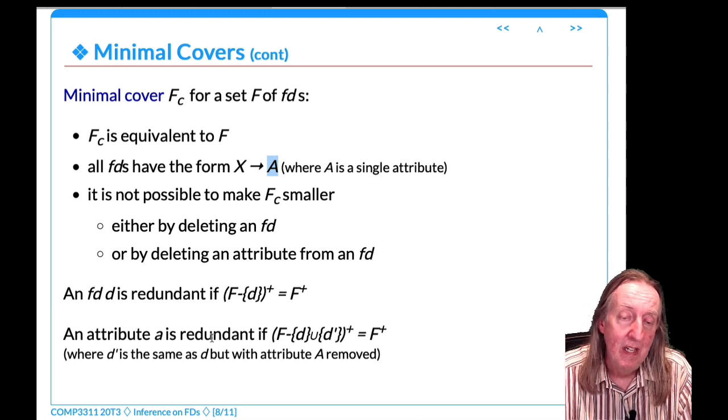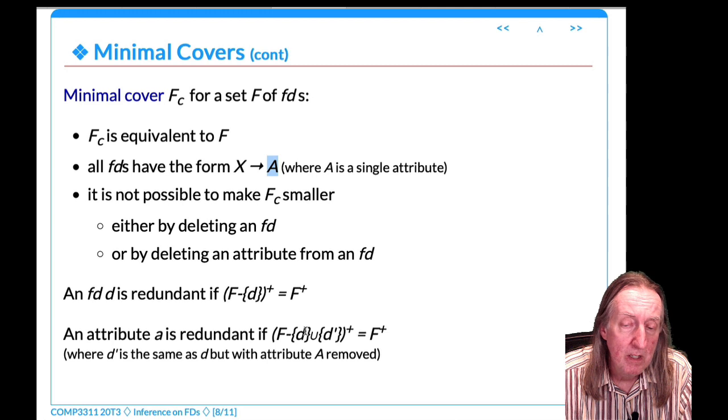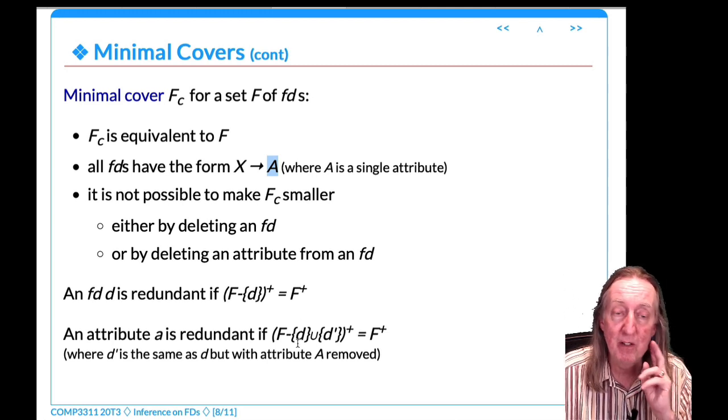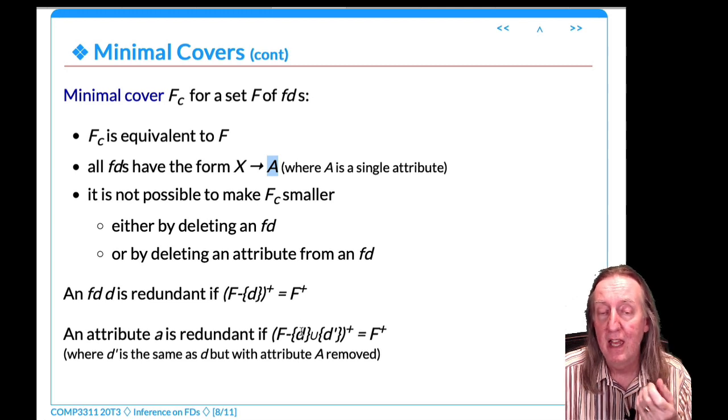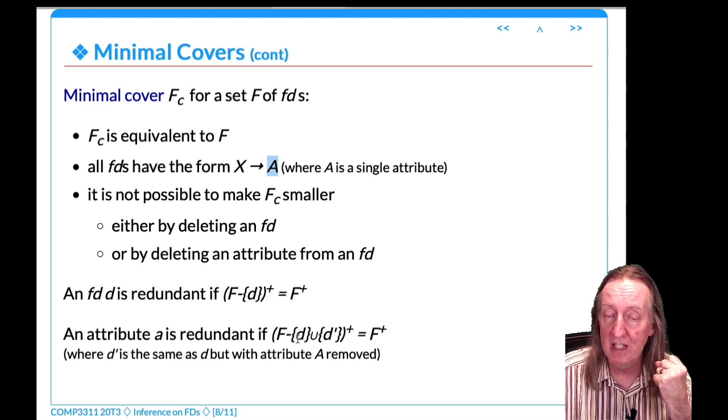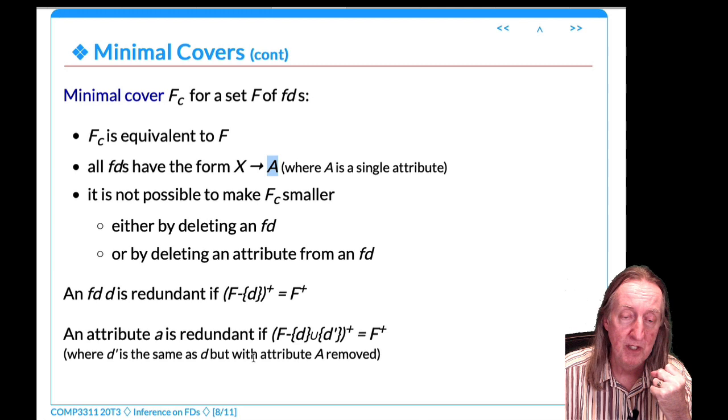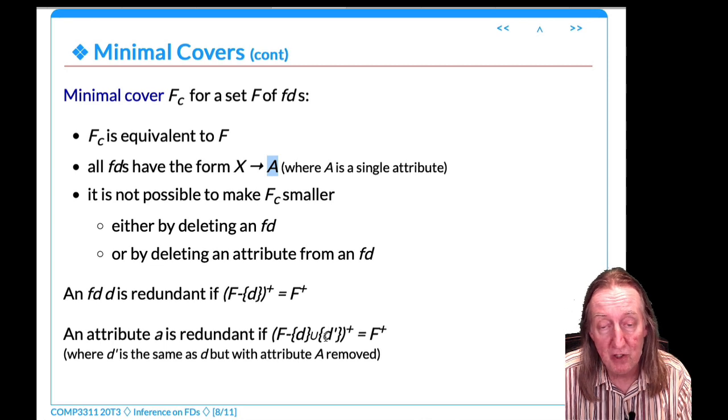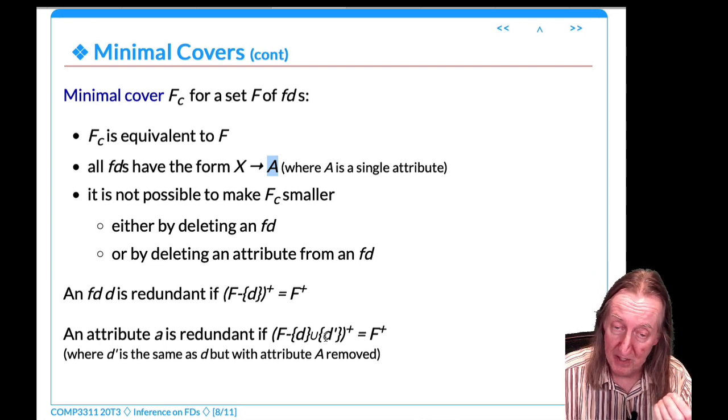An attribute is redundant if we can find a particular functional dependency and modify it by removing an attribute. So this is what we're doing. We remove the original functional dependency, we add in a new functional dependency which has one less attribute involved in it.